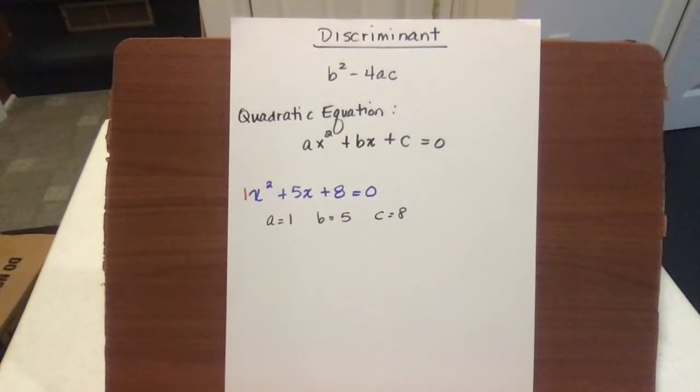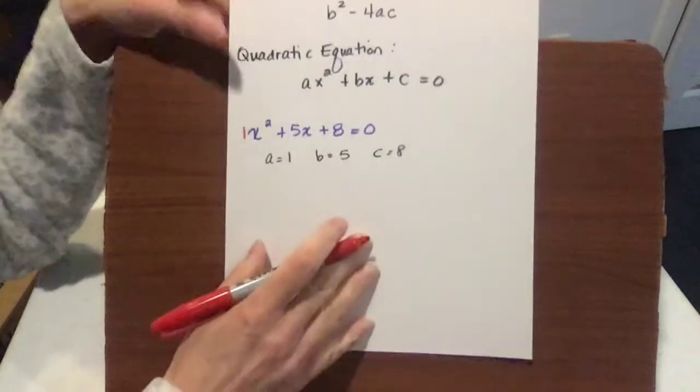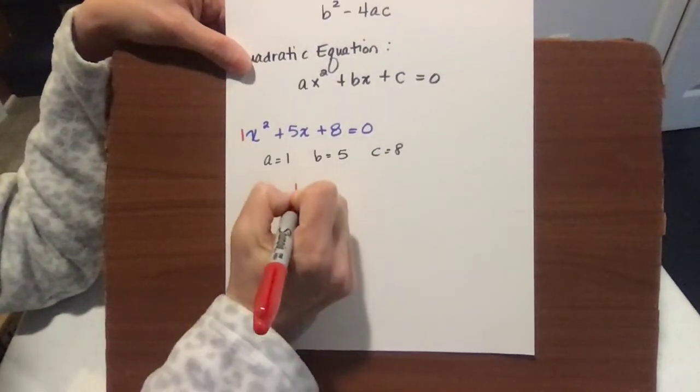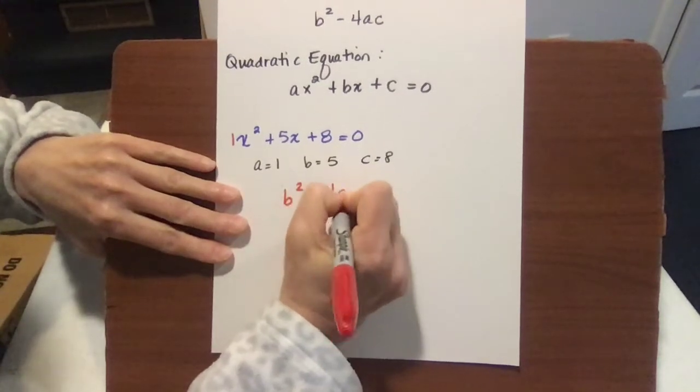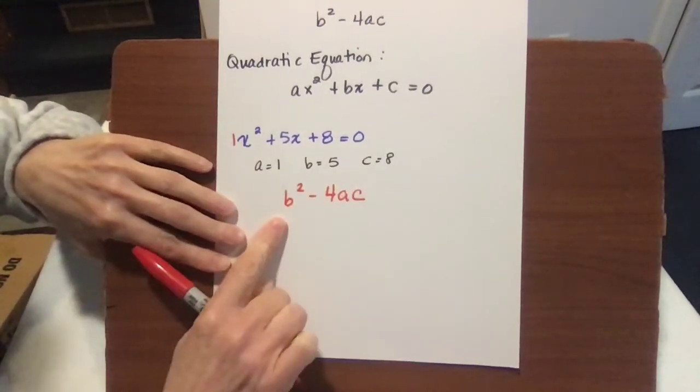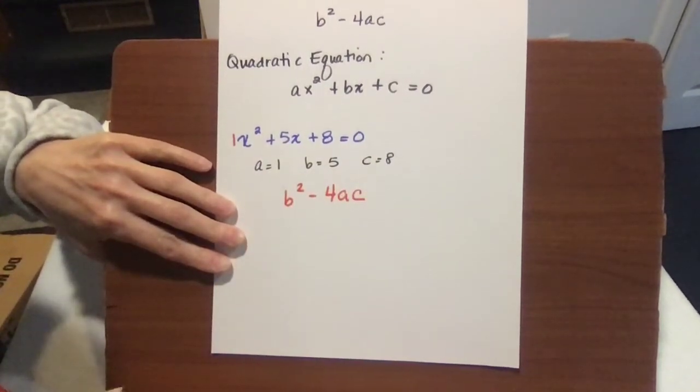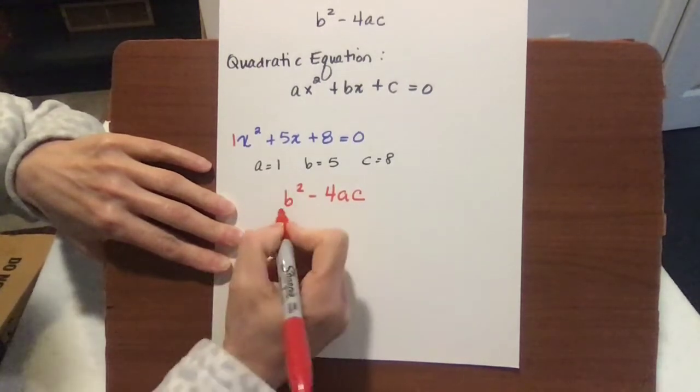So now to calculate the discriminant, we're going to take b squared minus 4ac, and we're going to substitute in with parentheses. That's really important because when you have negative signs for a, b, or c, it's critical to put them in parentheses. So always put in parentheses.